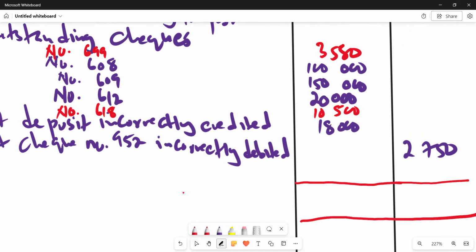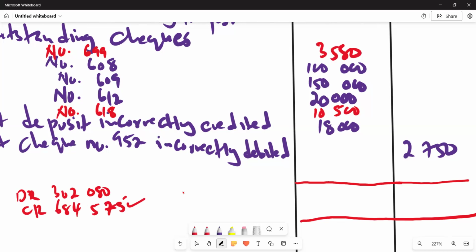Whereby if we add the total of the debit and the credit, you'd see that the total for the debit side is going to be 302,080, and then the total of the credit side is going to be 684,575. So obviously the greater total is the credit side.